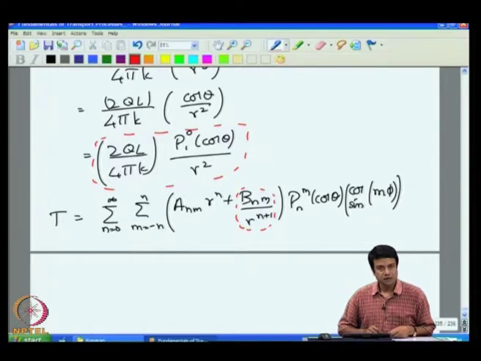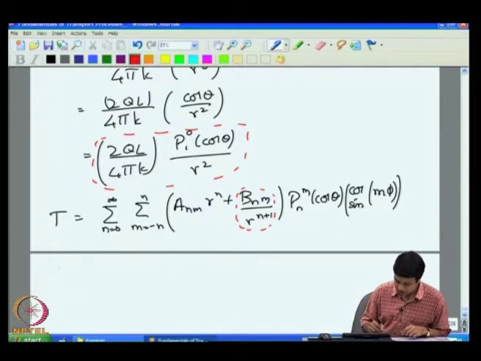So, the solution that we got from a source and a sink separated by a small distance is the same as the spherical harmonic expansion for n is equal to 1 and m is equal to 0, provided the two are separated along the z axis. This source and sink combination is what is called a dipole.